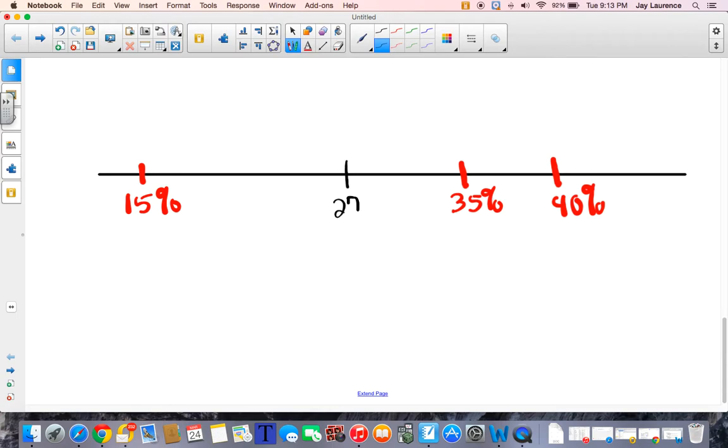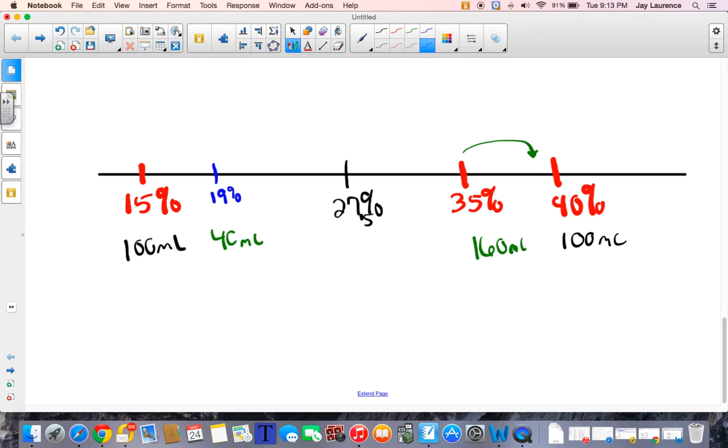That would be the average if you used 100 milliliters from here and 100 milliliters from here, you'd get 27.5%, right? Because they would average. But since we want our percentage to be so much closer to 40, I mean, it's only 5% away from 40, I need to use way more milliliters of this one. So I end up with 160 from this bottle and actually only 40 from that bottle. See, to me, it really makes sense because it's all skewed. Had I been looking for, say, a 19% solution, well, 19 is closer to 15, so I would have used a lot more from here.